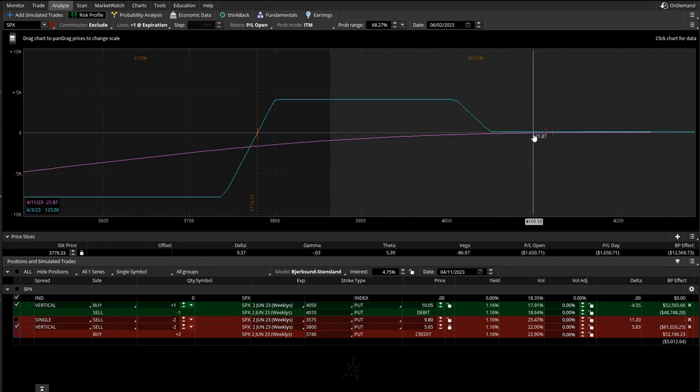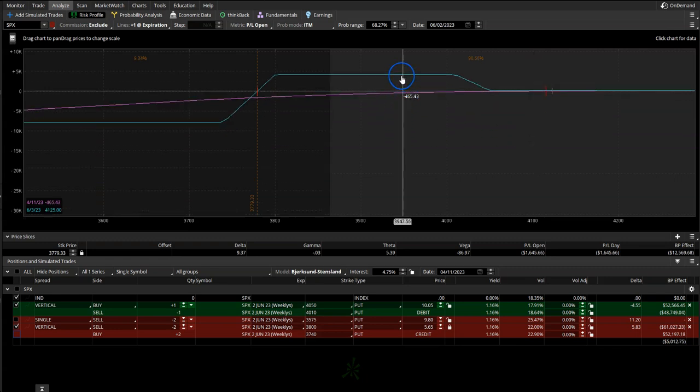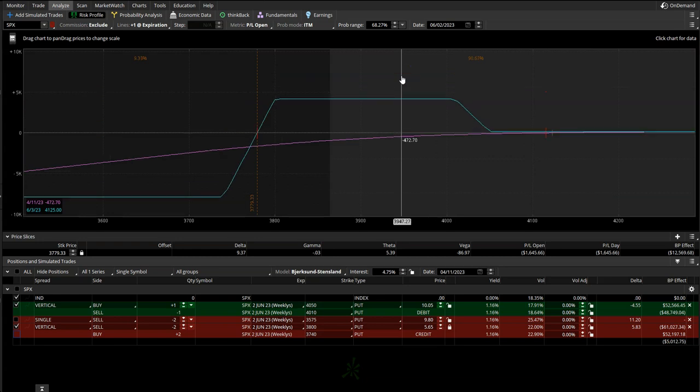Let's call it $1.20 or $1.30. So we could make just over $4,125 or $4,130 if we are inside the trap, somewhere between the put credit spread and the put debit spread at expiration. So if this trade has max potential reward inside the trap, let's call it 41.25, right? I don't want to risk more than maybe $4,000 or $4,500 in this trade.